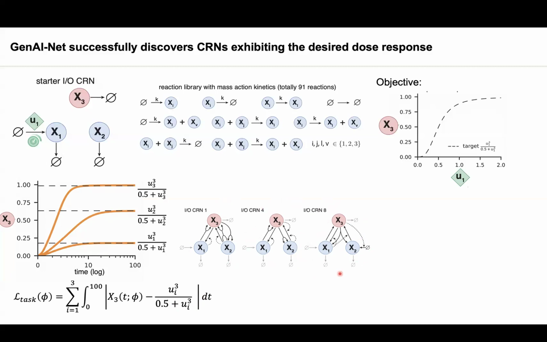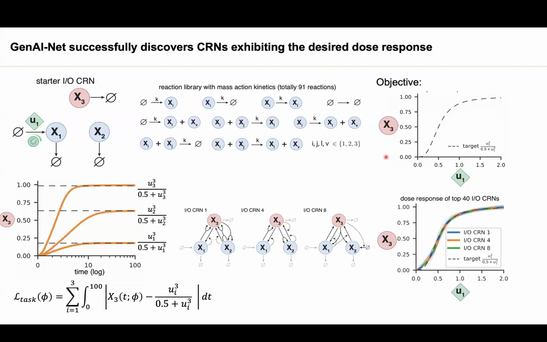But if we simulate their input and output response curve, then you can observe this. This colored curve is the input and output response from these 3 theorems. And you can also see this really thin gray curve. The gray curves are another 37 theorems generated by the GenAI.